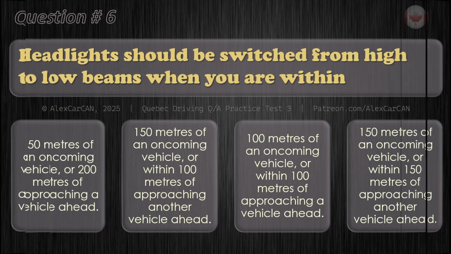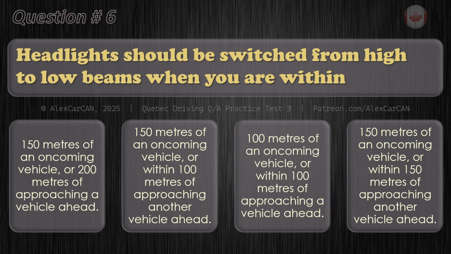Question number 6. Headlights should be switched from high to low beams when you are within 150 meters of an oncoming vehicle, or 200 meters of approaching a vehicle ahead. 150 meters of an oncoming vehicle, or within 100 meters of approaching another vehicle ahead. 100 meters of an oncoming vehicle, or within 100 meters of approaching a vehicle ahead. 150 meters of an oncoming vehicle, or within 150 meters of approaching another vehicle ahead.